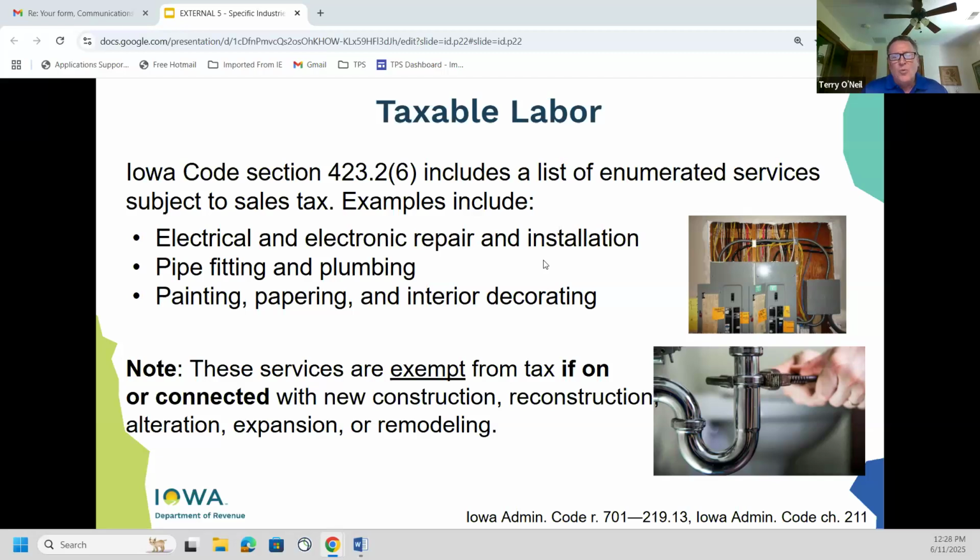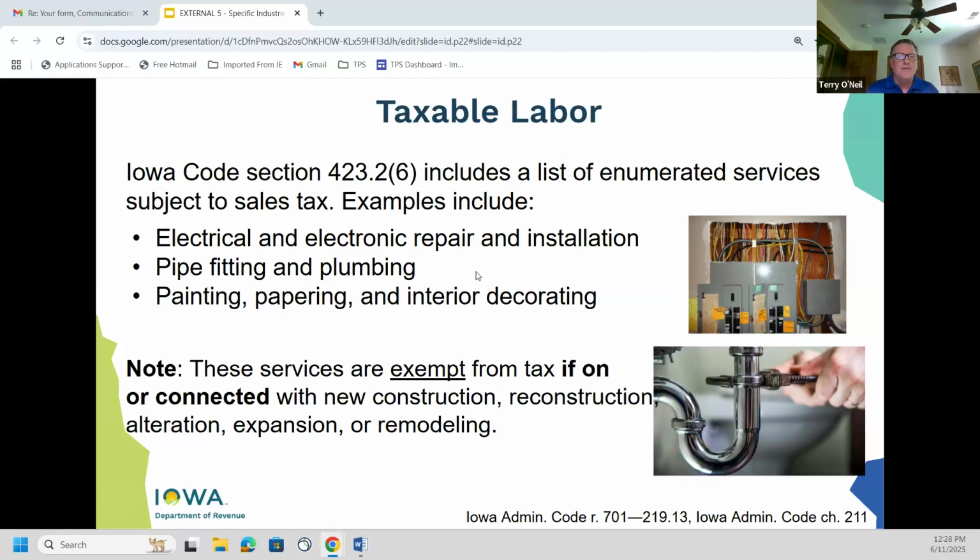What does that mean? Well, in plain English, that means if it's enumerated in the Iowa code, it is specifically listed as a taxable service. Some examples related to the construction industry, and again, Matt mentioned some of these earlier: electrical and electronic repair and installation, plumbing and pipe fitting, painting, papering, and interior decorating. Those are all taxable services.